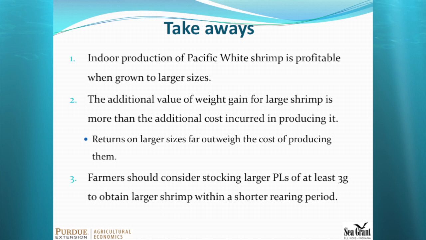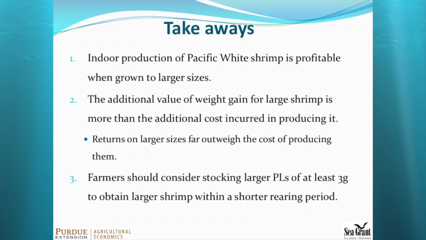So his main takeaways are you need to be growing a bigger animal. The larger sizes outweigh the cost because you're not putting a lot more into those animals at the very end and you're gaining a significant amount on the retail price.